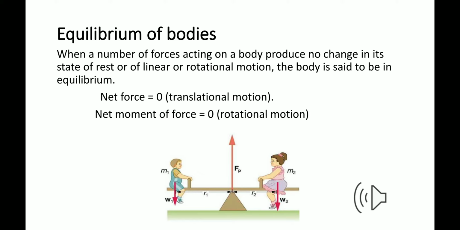So in both the cases, when it is translational motion, net force has to be 0, and when it is rotational motion, net moment of force, that is the torque, has to be 0. Then the body will be in equilibrium. So we go to the next slide for studying what are the kinds of this equilibrium.